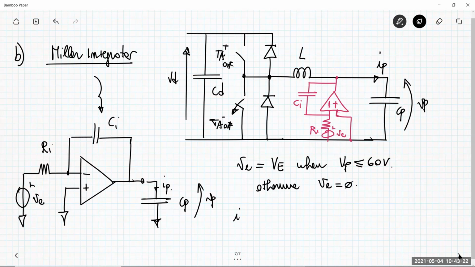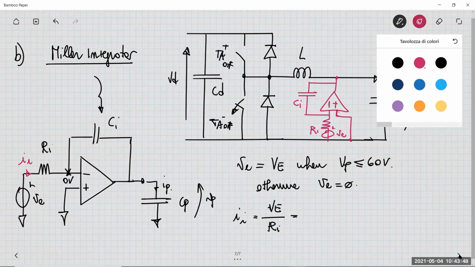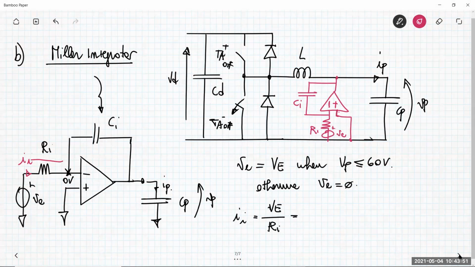The current, let me put this current flowing here as II. So II is VE, constant voltage, over RI. Remember that this node here has the same potential as the non-inverting node, so this is 0 volt here. This current II is flowing where? It cannot flow inside the operational amplifier, and so it flows through here.